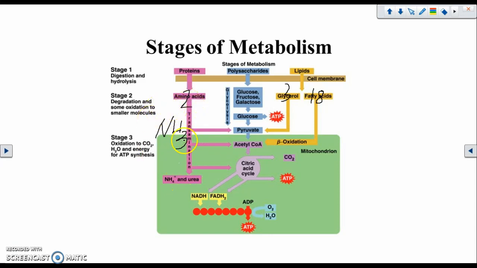So you remove the toxic ammonia, and now you can use the 2 carbons to make acetyl coenzyme A. Acetyl coenzyme A is a 2 carbon moiety, and pyruvate is a 3 carbon moiety. Glucose obviously is a 6 carbon moiety. And the glycerol, since it's a 3 carbon moiety, enters the pathway through pyruvate, because that's where the 3 carbons enter.